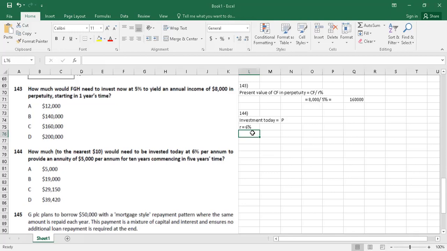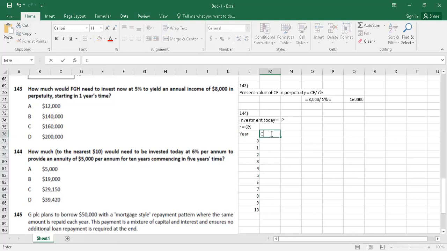We can do it this way because we are just dragging it. Year starts from 0, 1, so on till 10th year.